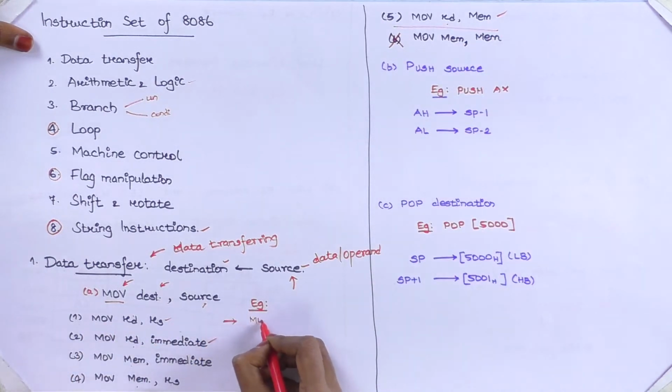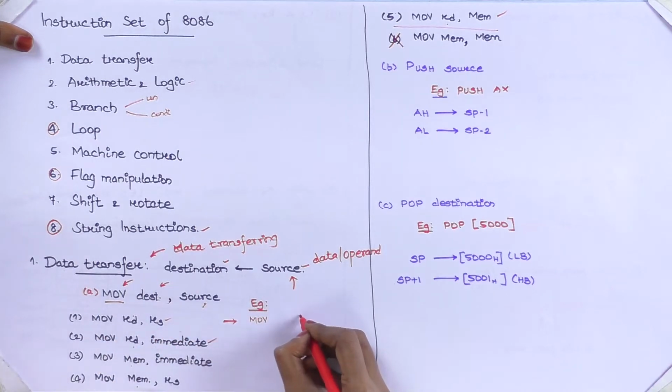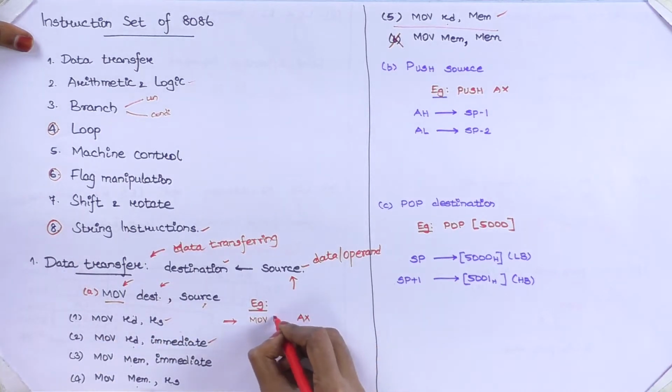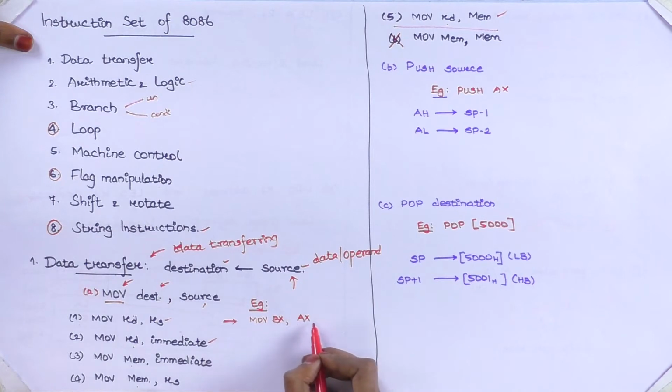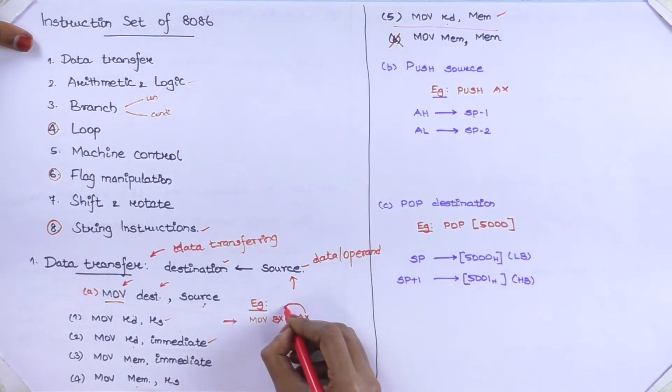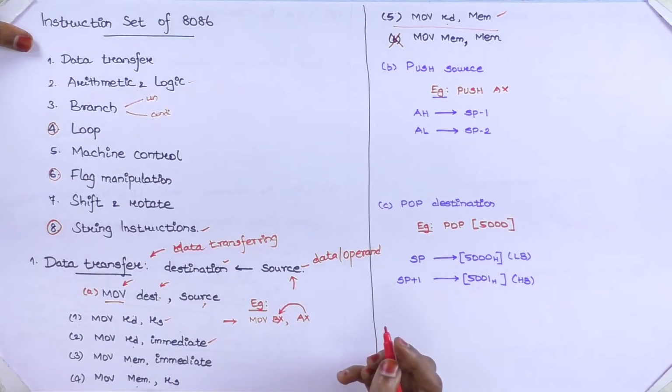For moving from register to register, AX, BX. So MOV BX comma AX. This instruction will move the operand or data from AX register to BX register.